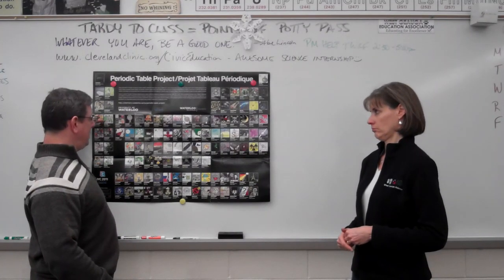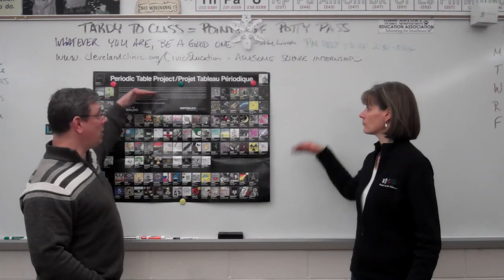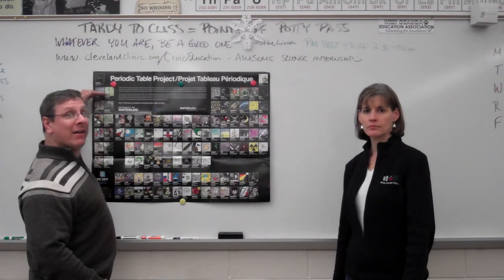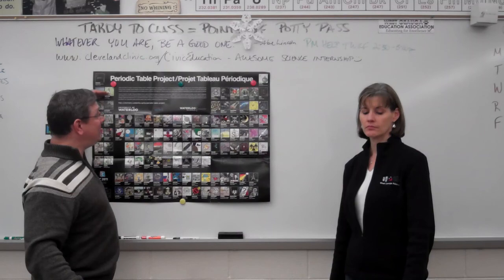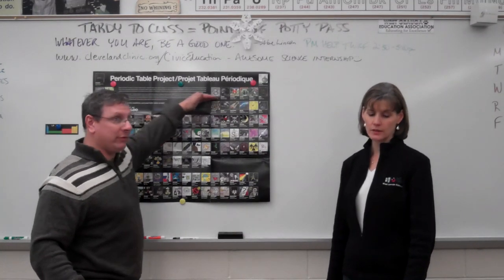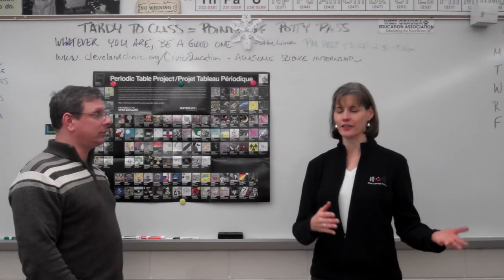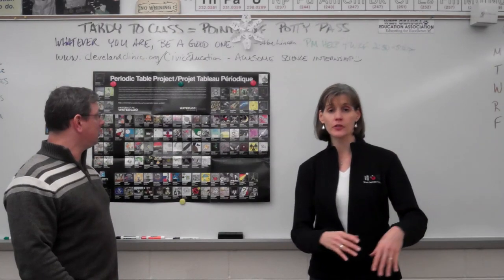Well, the elements in, let's say, the second period, the second horizontal row, all have their valence electrons on the same energy level, which would be the second energy level. We've been differentiating in the last chapter between orbitals and energy levels.